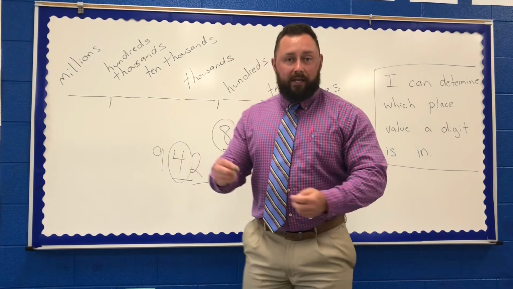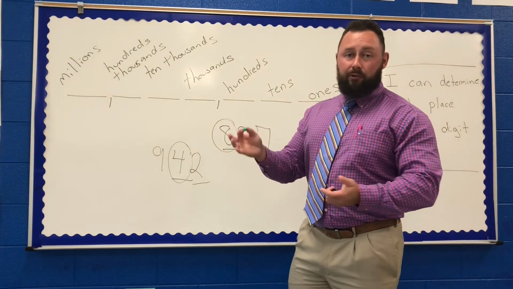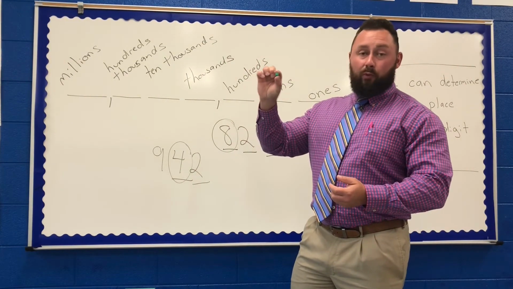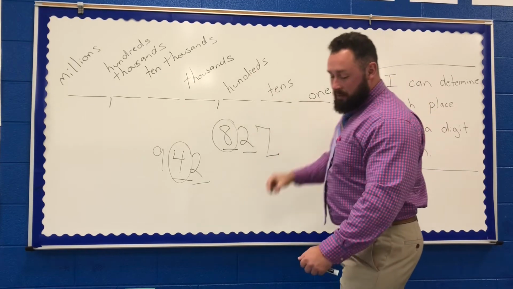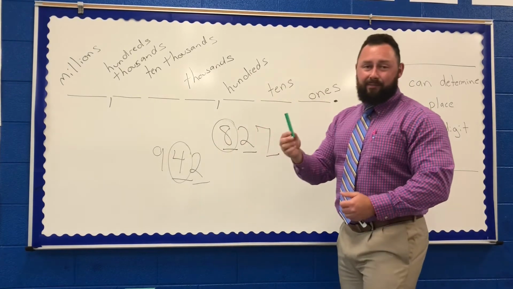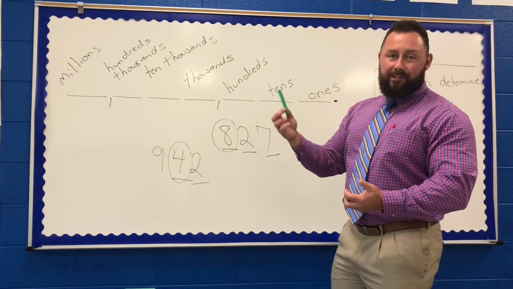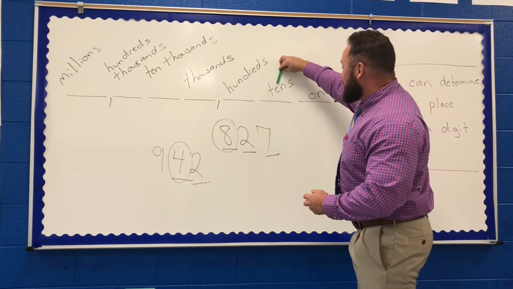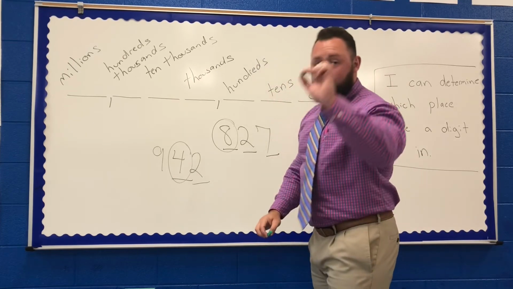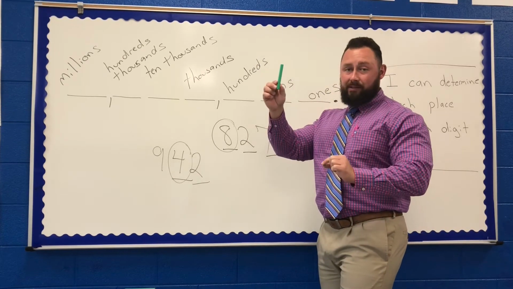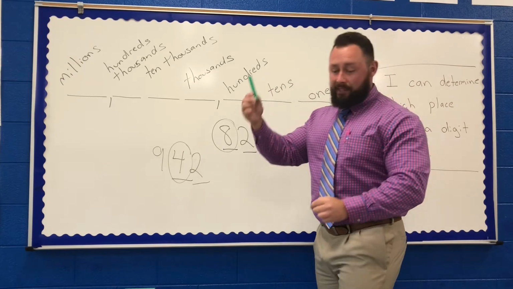Also, a little representation here. You're going to see pictures. This is just the ones, one little bitty dot. Then we would have the tens. Sometimes they call this a rod or a stick, but this would be the tens. It takes 10 of these to equal one of these. 10 ones equals 1 ten.